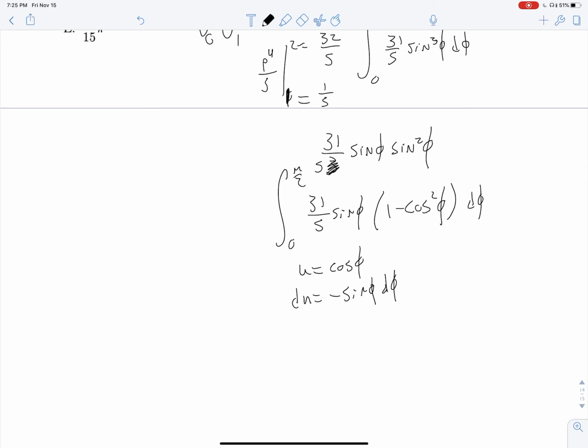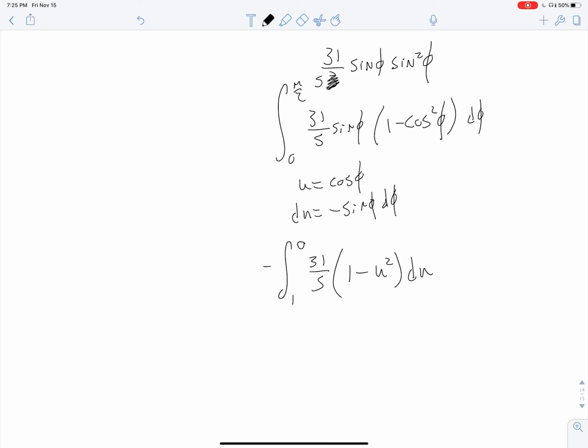And so rearranging everything, we're going to get the integral from 1 to 0 of negative 31 over 5, dividing out that sine phi, and then 1 minus u squared du. So we can reverse the bounds of integration and cancel that out with the negative over here to change this to an integral from 0 to 1.